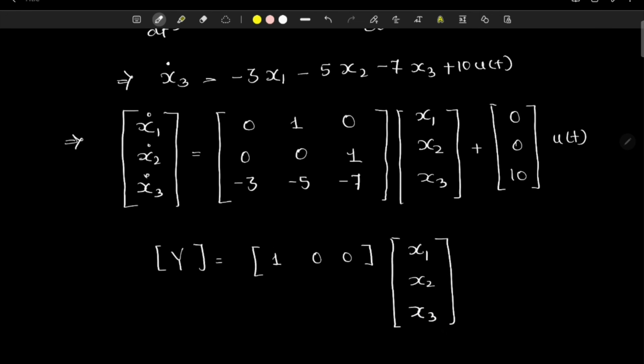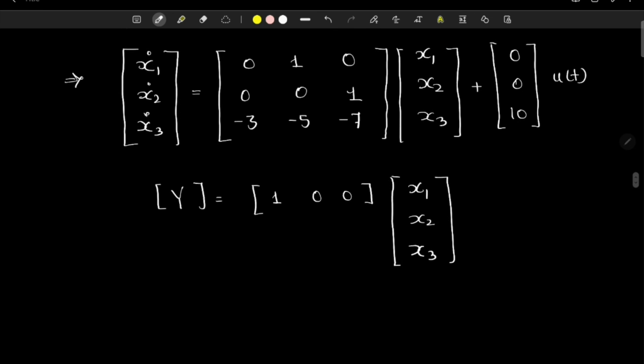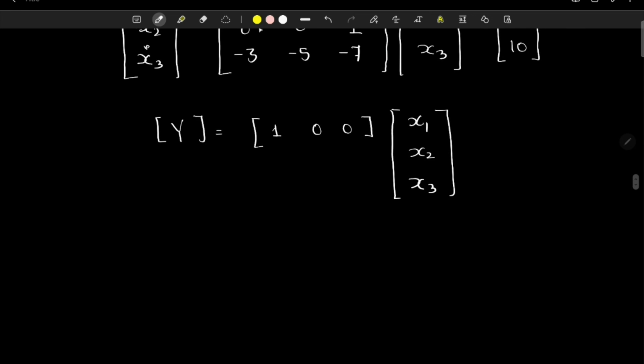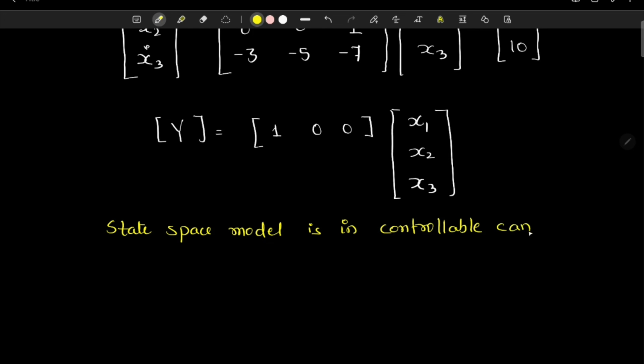Okay, so this state space model is in controllable canonical form. So the above state space model is in controllable canonical form.